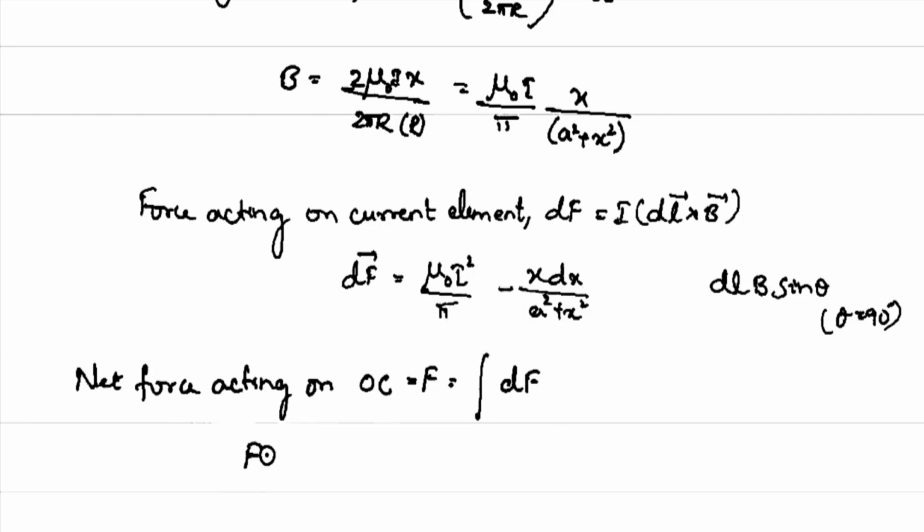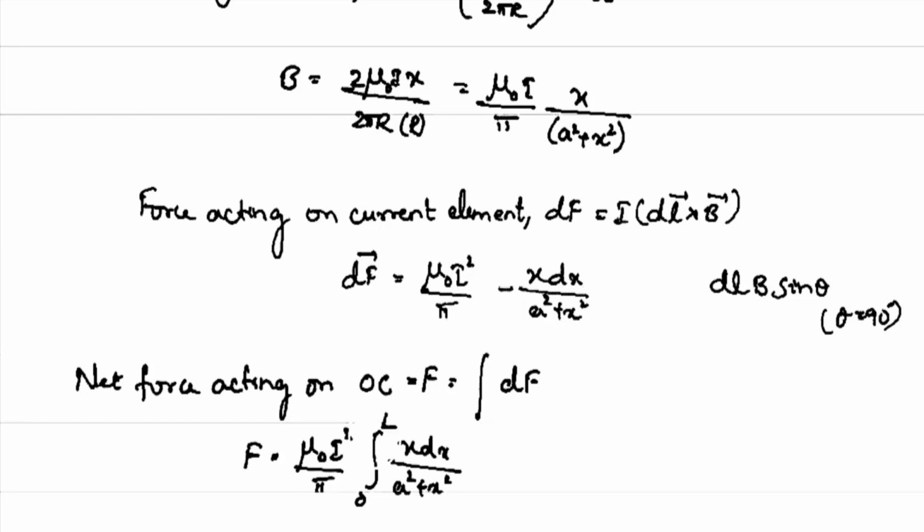Substituting the value of dF, mu naught I square by pi is constant, so we write it outside: mu naught I square divided by pi into the integral from 0 to L of x dx divided by a square plus x square.